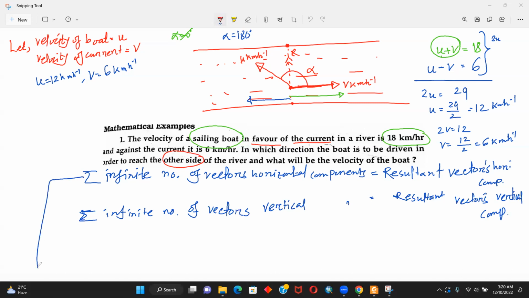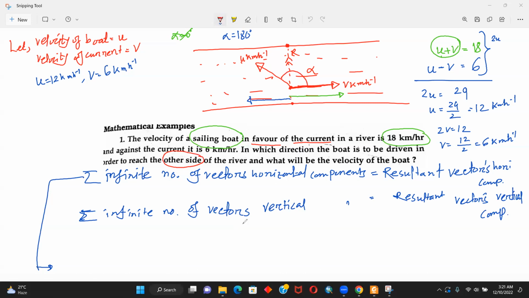Anyway, from the first part, what do we get? Tell me, what is the horizontal component of V? Let's see how much you remember. How do you get a horizontal component?